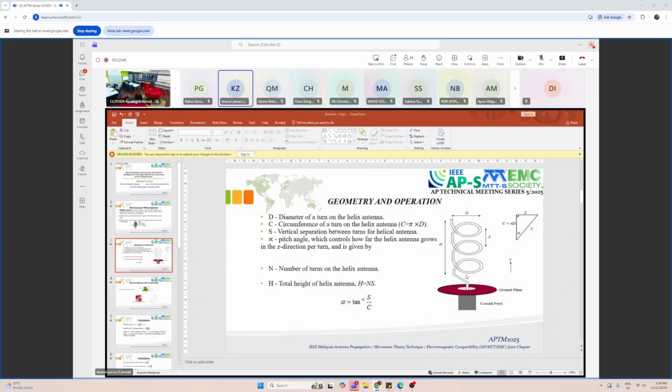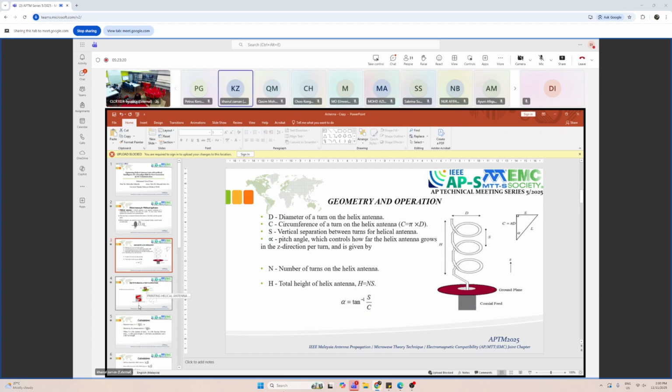When we design a helical antenna, we have to consider the number of turns. Here, for this antenna, we have three turns: 1, 2, 3. And S is the spacing between each turn. And here is the ground plane, and the feed point will be connected, as I mentioned earlier, between the bottom of the helical antenna and the ground plane.